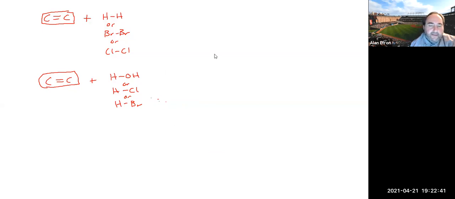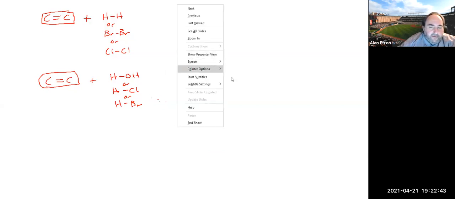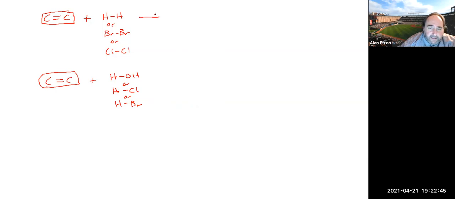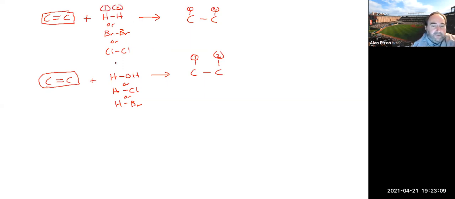What happens in all these alkene reactions is very simple: just recopy it, turn the double bond into a single bond, and then one thing goes over here, one thing goes to this carbon. It doesn't necessarily have to be drawn upwards, but it just gets attached to those carbons. That's where those two things go.